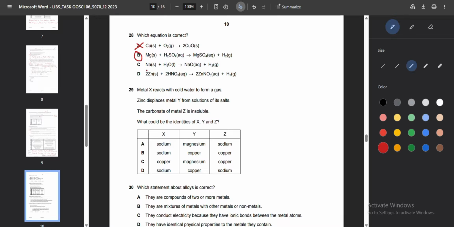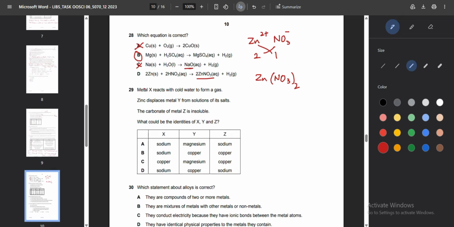We can check the other two as well. Sodium plus OH forms sodium hydroxide. The product over here is wrong. And zinc plus nitric acid, over here the formula of zinc nitrate is wrong. Zinc has a charge of positive 2, nitrate has a charge of negative 1. So the correct formula is this.